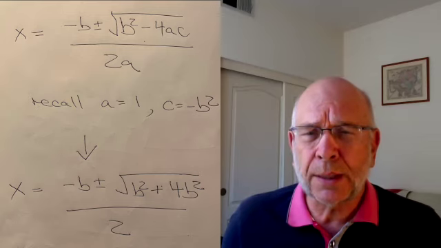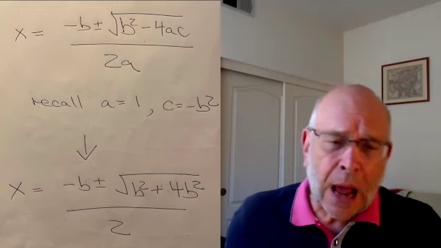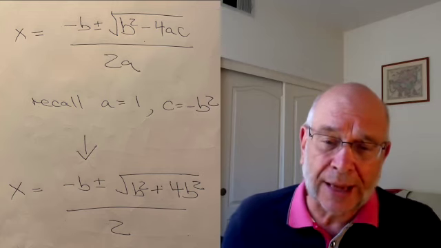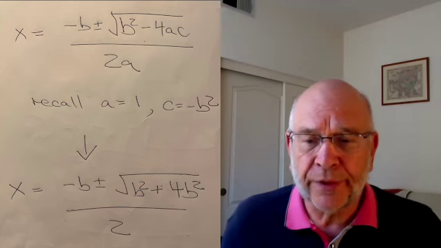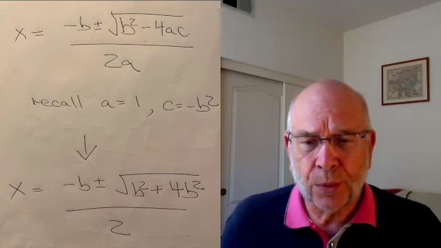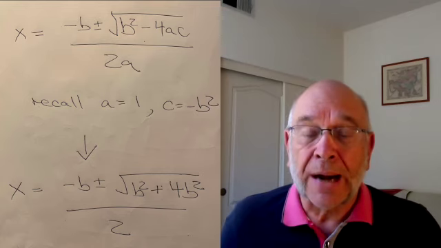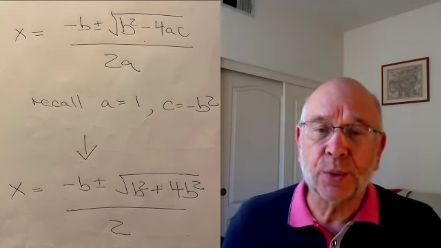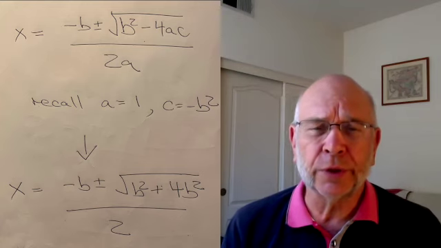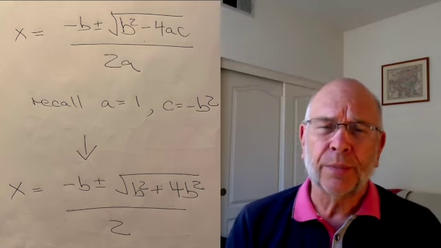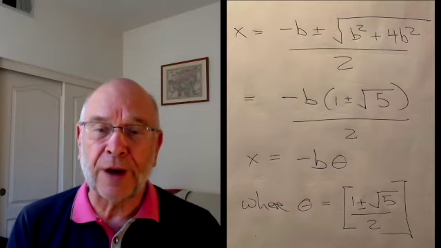So we can substitute again into this quadratic formula, and now we're expressing the solution x solely in terms of the variable b. So x is equal to minus b plus or minus the square root of b squared plus 4b squared, all over 2. Well, the expression inside the radical is simply 5b squared.